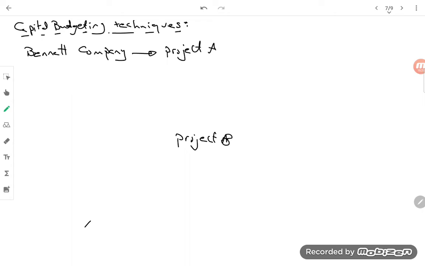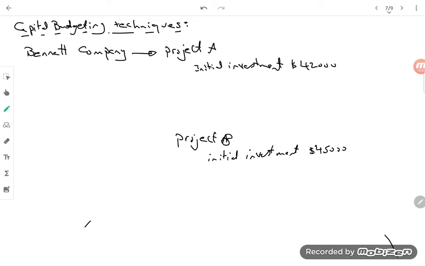Project A has an initial investment of $42,000, while Project B has an initial investment of $45,000. Both of them are going to be operating for 5 years.